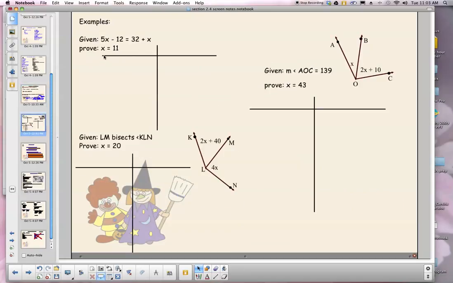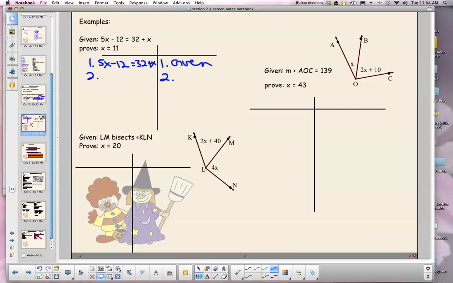Okay, so let's try a couple. We're going to do this one, 5x minus 12 equals 32 plus x. Our reason for number 1, it was given to us. There's a couple of things that you can do from here.